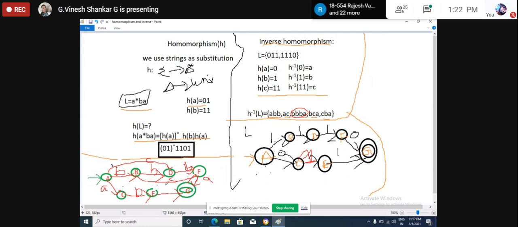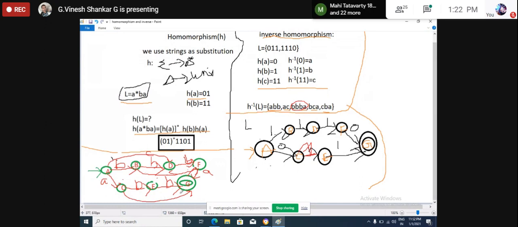Or otherwise you can take 0 1 1 directly: 0 is inverse of h, which is A, and C to G you can jump directly with C. So all the strings I have covered in the DFA.